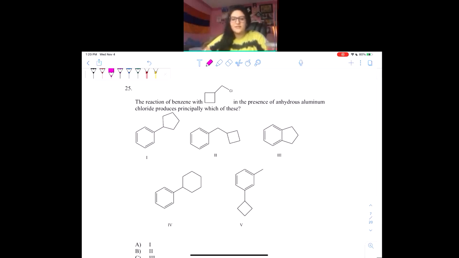Okay, so if we keep scrolling, we kind of already did this one, but it usually shows up on the exam. So what do you guys think the answer for this would be? All of this, by the way, is just saying alkylation.